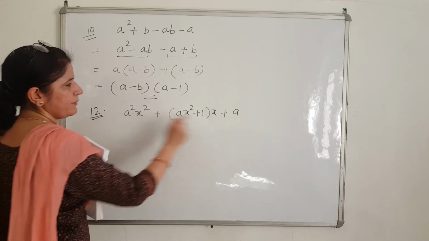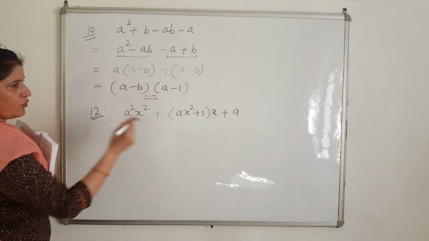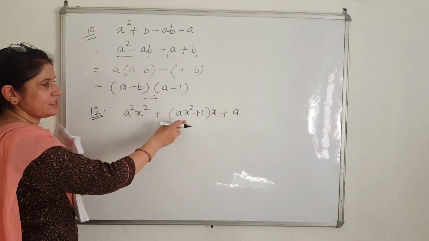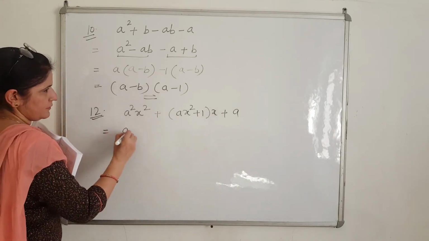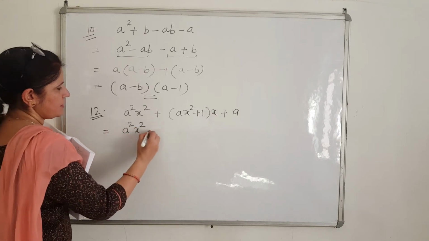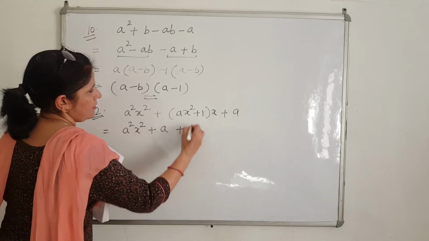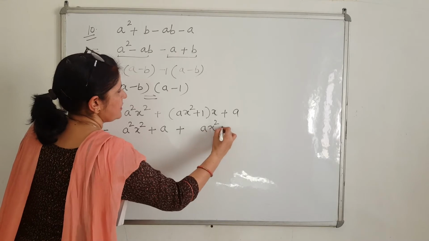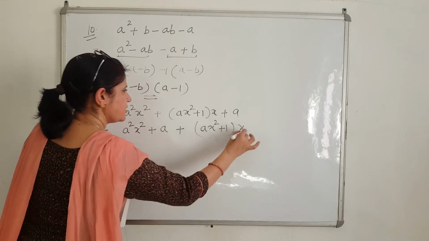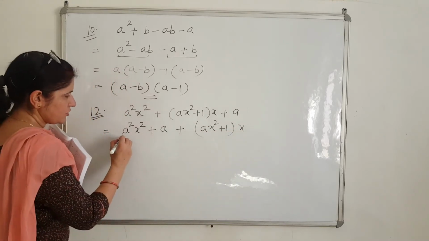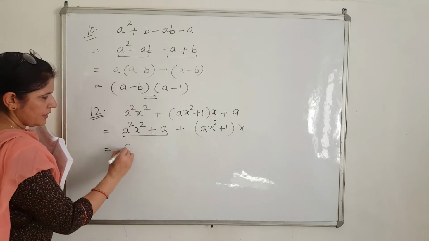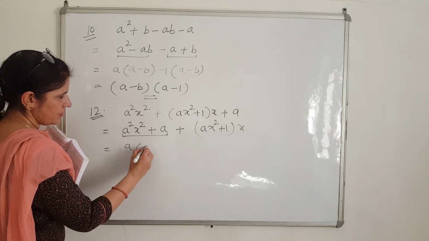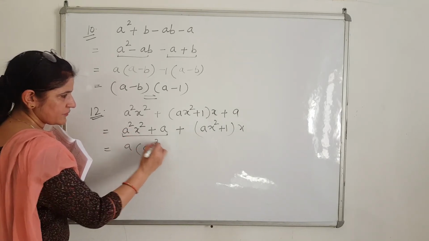So we make groups, or you can multiply x, that is up to you. a²x² + ax² + 1·x, this we keep separate. Now these two terms, what is common? a is common, so what is left? ax².